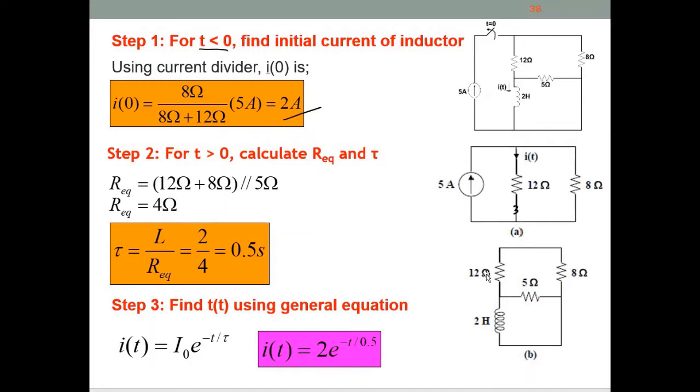The 12 is in series with the 8, which is in parallel with the 5 here, and then goes back to the negative polarity of the inductor. So here our equivalent is 4 ohm. We proceed with the calculation of tau, and then just insert the value back to get IT equals 2 e negative t over 0.5 ampere. So that's the final answer for example 5.